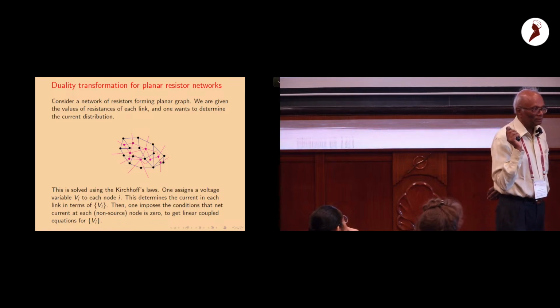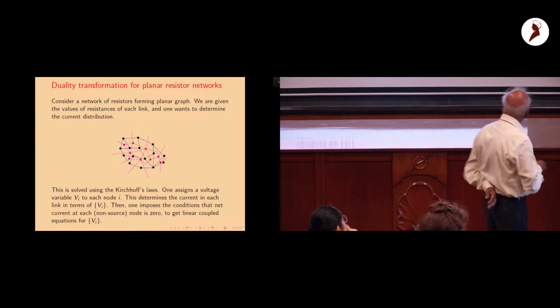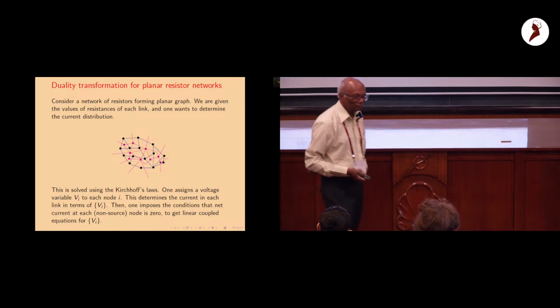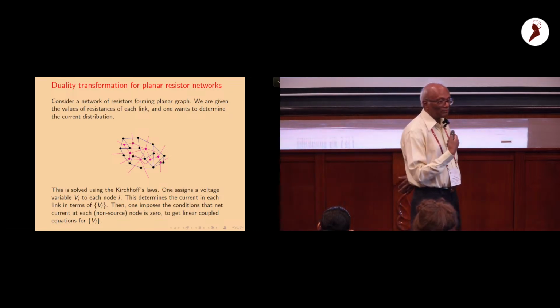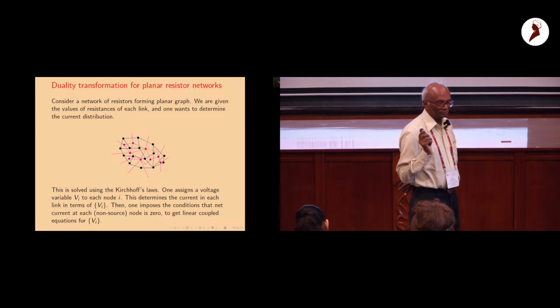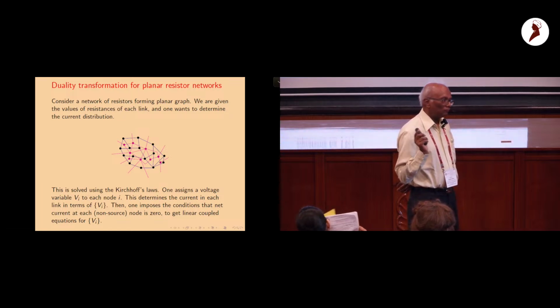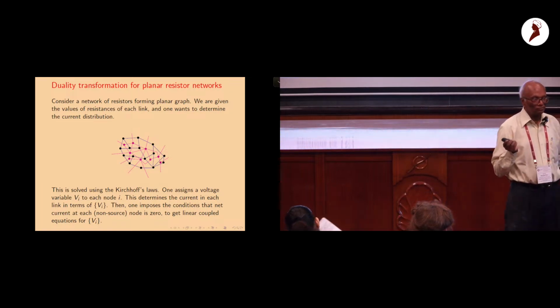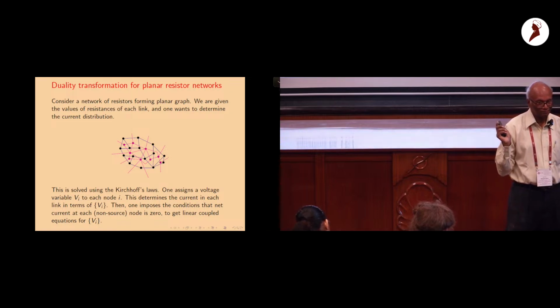I only remember graph duality. So there is this blue graph and red graph, and there is a resistance problem on the blue graph that can be converted into a resistance problem on the red graph. The resistance problem on the graph you can study using voltages or currents, whichever is your favorite. I don't care.